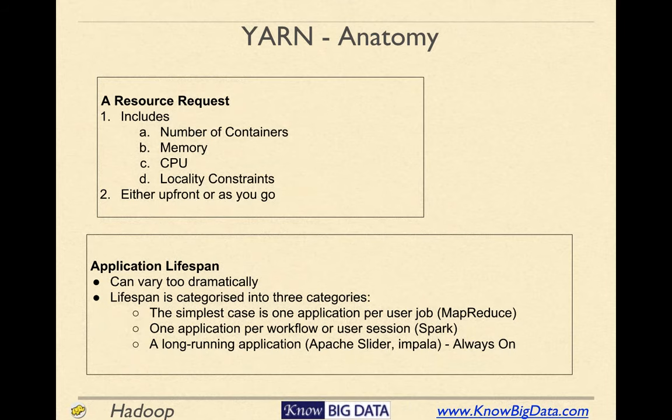You could make the request for all these resources upfront, as in, the client could make this request to the resource manager directly, or you could let the establishment start, and then further requests could be made by the application master.